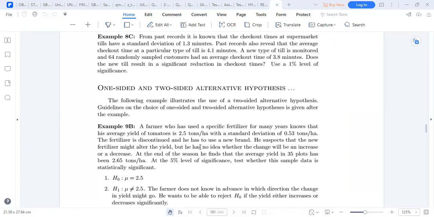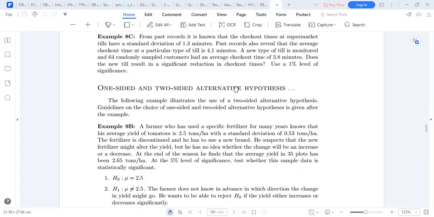The fertilizer is discontinued, he has to use a new brand. He suspects that the new fertilizer will alter the yield, but has no idea whether it will be an increase or a decrease. At the end of the season, he finds that the average in the 35 plots has been 2.65. At 5%, test whether the sample is statistically different.